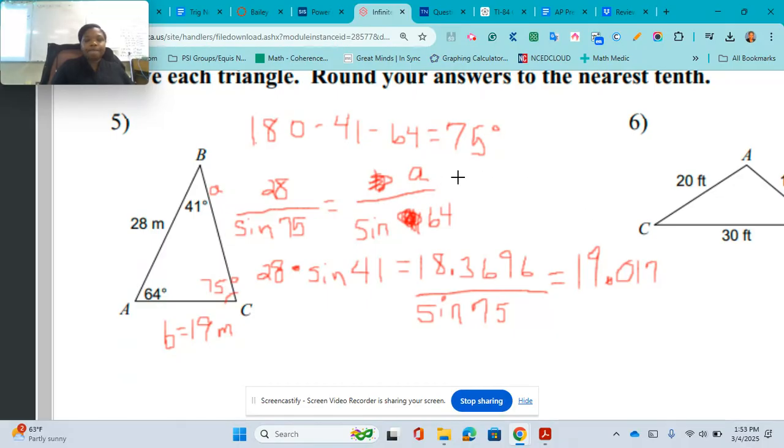All right. We're going to cross multiply. We already did. We'll have to cross multiply the what? 28 times the sine of 64.